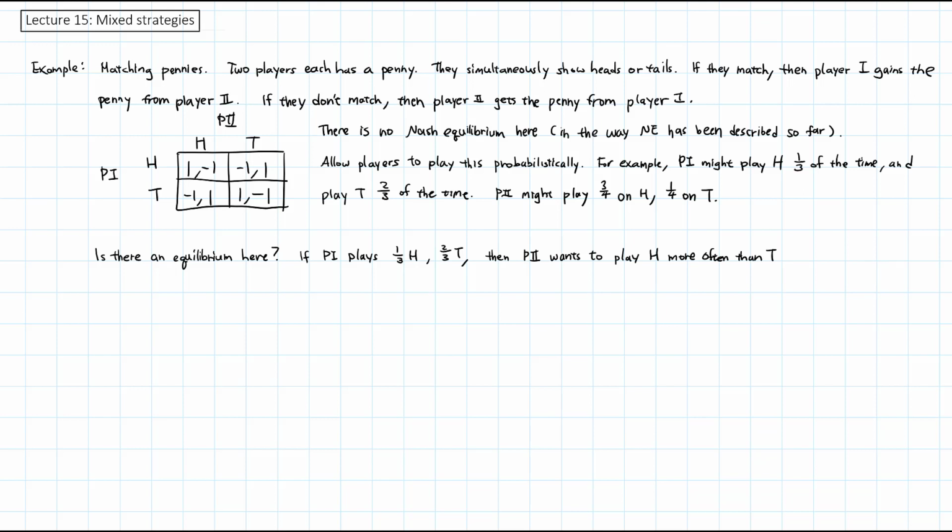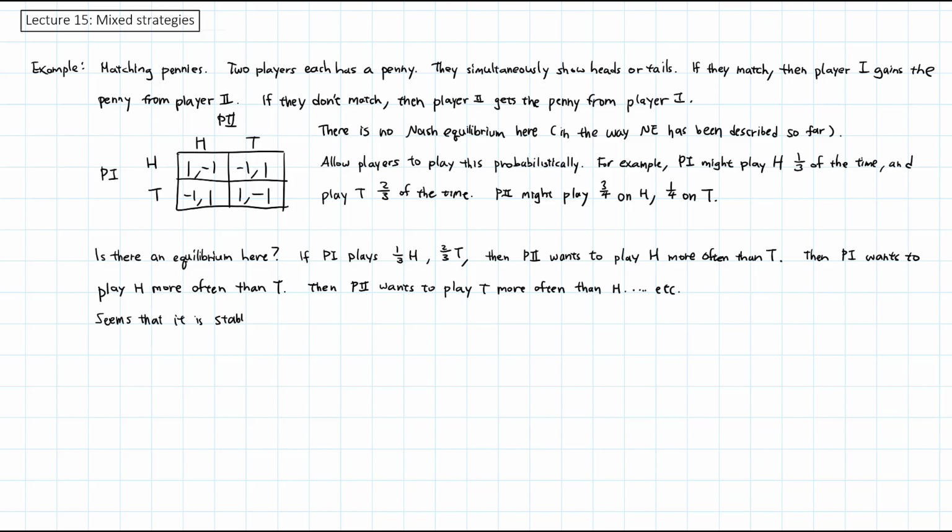But if player 2 wants to play heads more often than tails, then player 1 wants to play heads more often than tails so that they match more often. And then player 2 wants to play tails more often than heads, etc. So it seems that it is stable only if both players play heads and tails with equal probability. And that's what we might expect to happen in such a game.